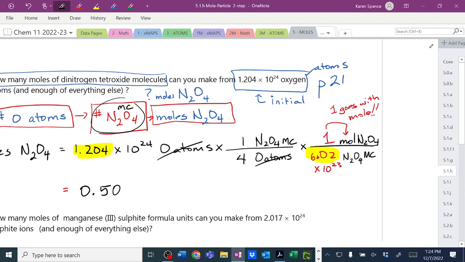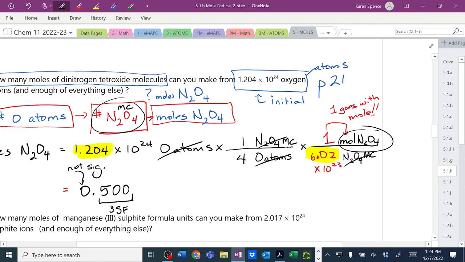Is that 3 sig figs? No, remember these zeros are not significant. Zeros on the left are not significant. So I have to have 0.50. That now gives me 3 sig figs. And now I need, finally, my unit, which is the only thing that's left after cancellation, which is moles of N2O4.